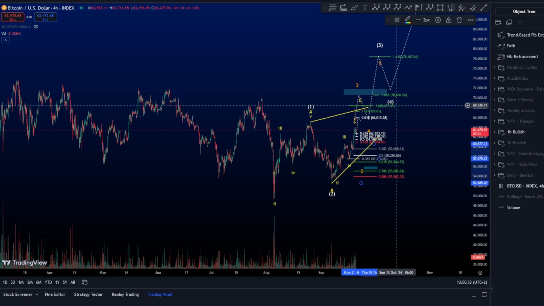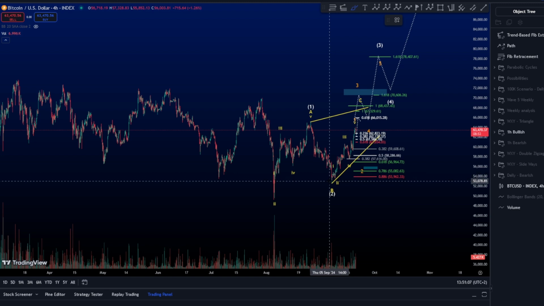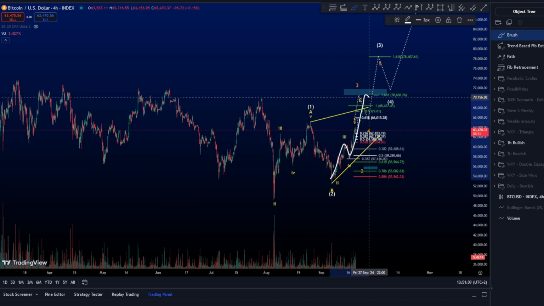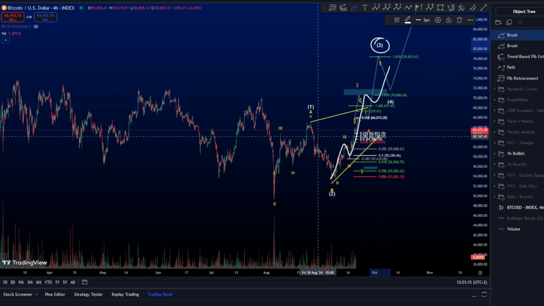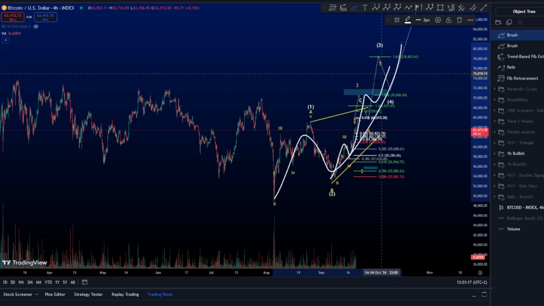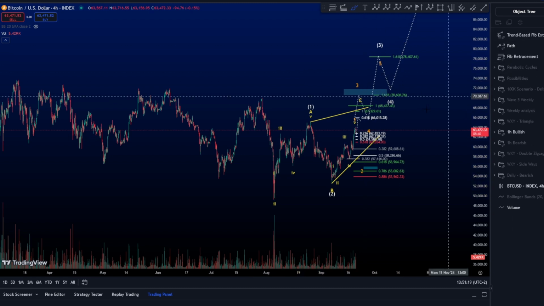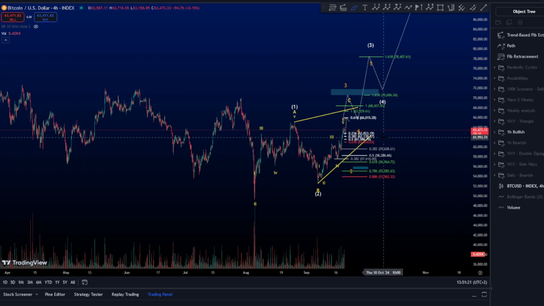Now, what is in confluence with this fib level of the flat is your wave 1, 2, 3, 4, 5 here. So your wave 3 should reach here at least, finishing your wave 5, claiming that a big wave 3 has finished, and continuing towards the upside.